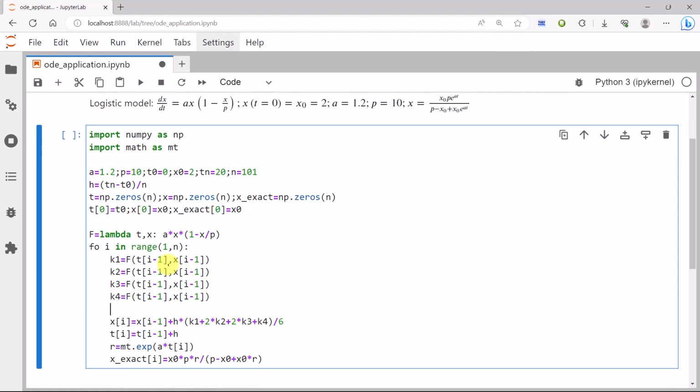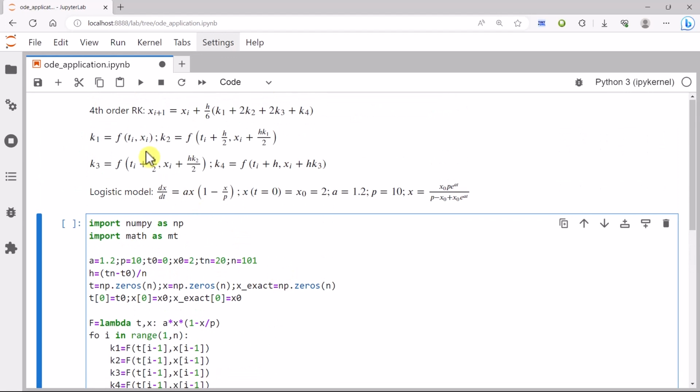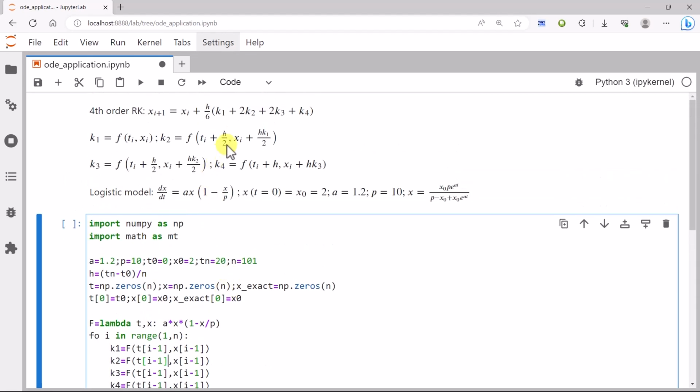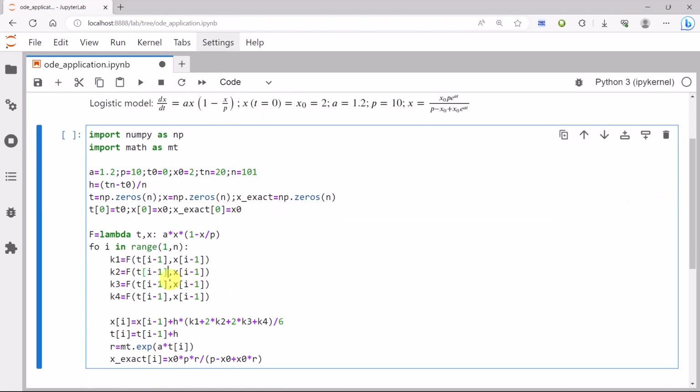Now for k1 I am all right. K2 has to be added by h by 2, k3 h by 2, and k4 h. So here with t I will add h by 2, here also h by 2, and here h.